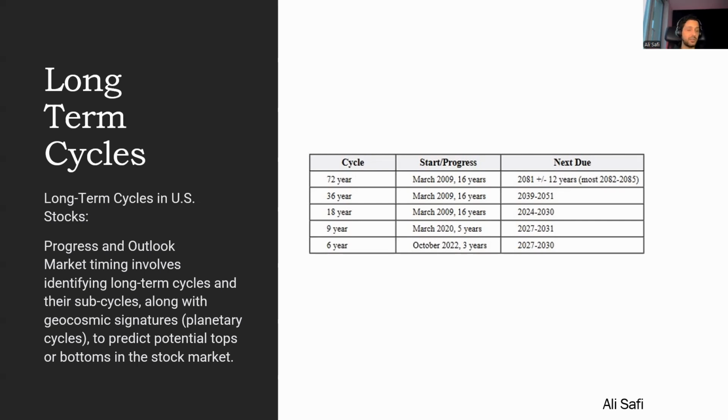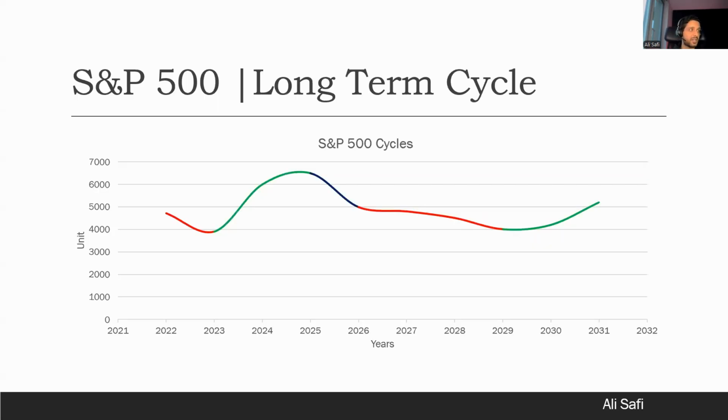So we are heading into a multi-decade recessionary period. This is the cycle that I have. And this, I believe we are here. We are pretty close to the market top at the green bar.